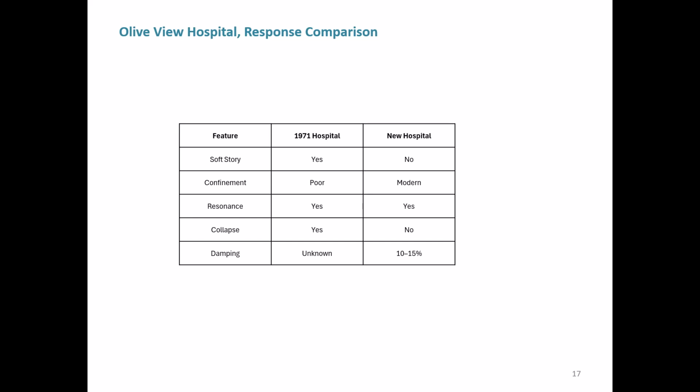The old hospital had poor confinement, and the new hospital has modern design standards and up-to-date workmanship standards. Both underwent resonance. The old hospital collapsed, the new one remains intact. We don't know the damping for the 1971 hospital. The new hospital, as we mentioned, at least in one axis, had 10 to 15% damping.